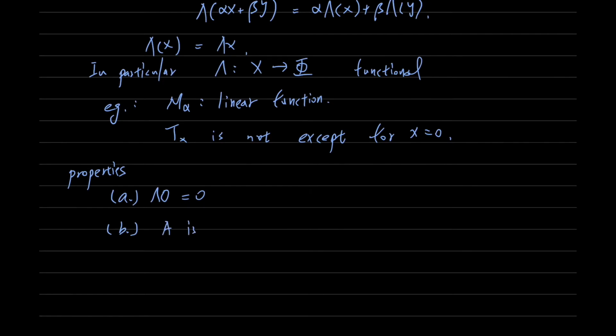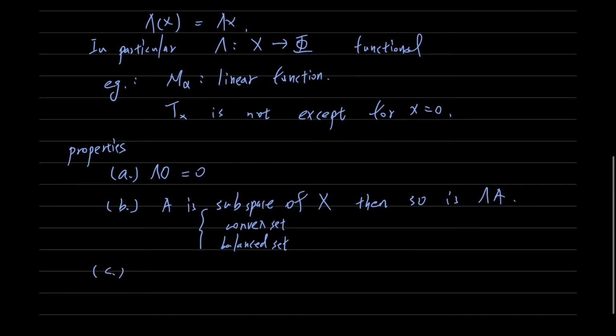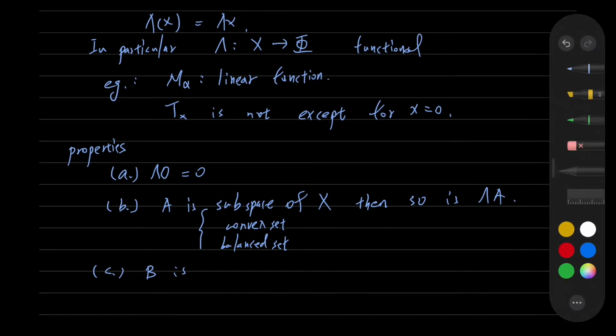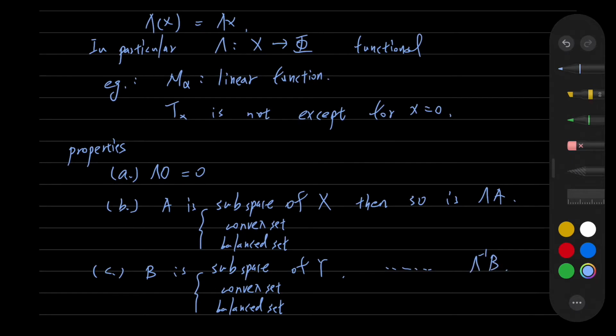And if A is a subspace, or convex subset, or balanced subset of X, then so is lambda A. Similarly, if B is a subspace or convex set or a balanced set of Y, then so is its inverse image of B.